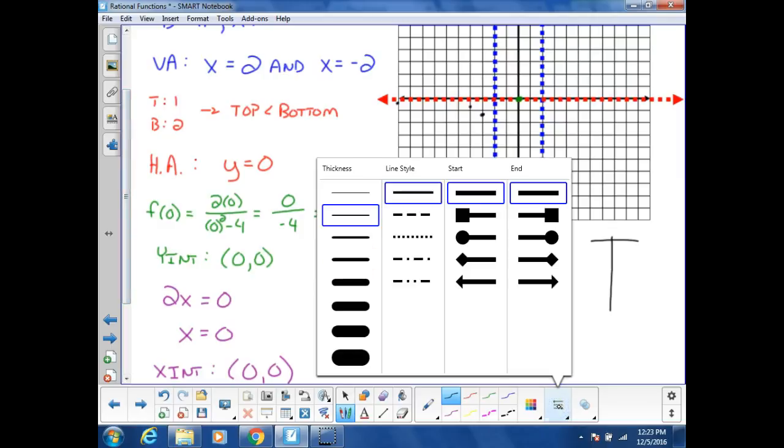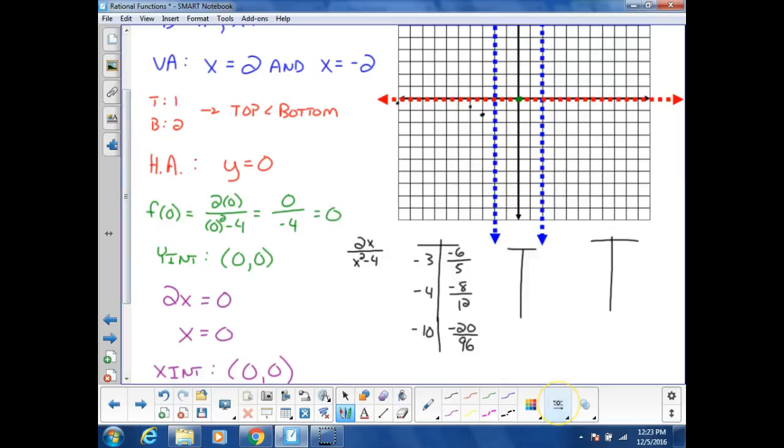Okay? So that tells me then that my graph over here goes through like that. Try negative 1 and positive 1. Okay.